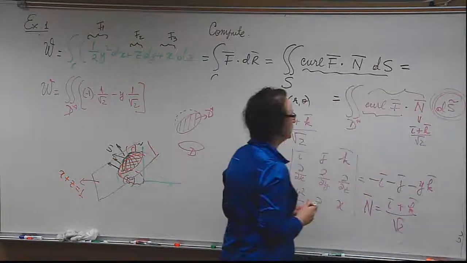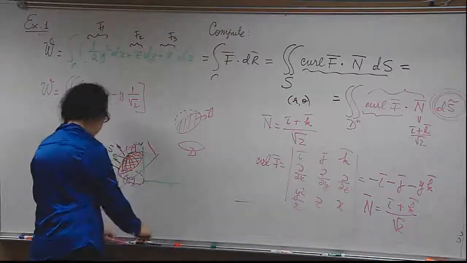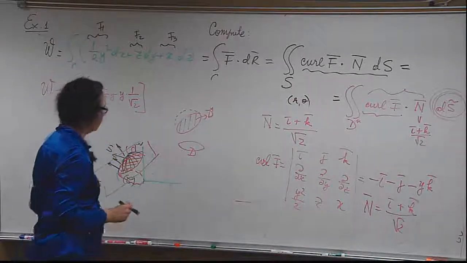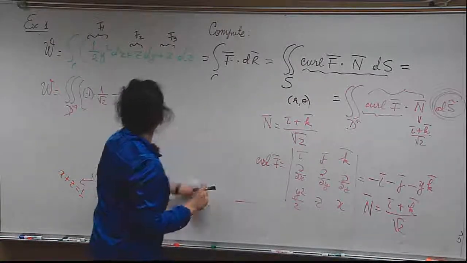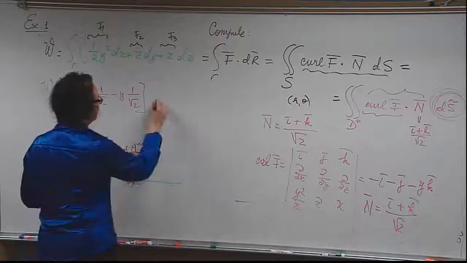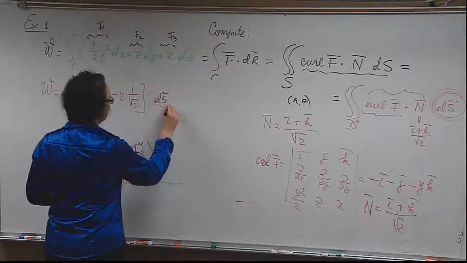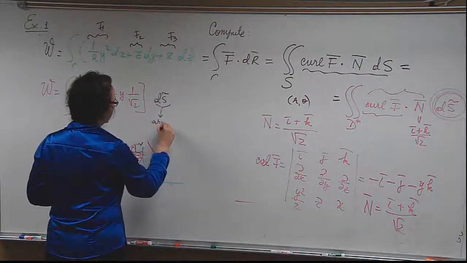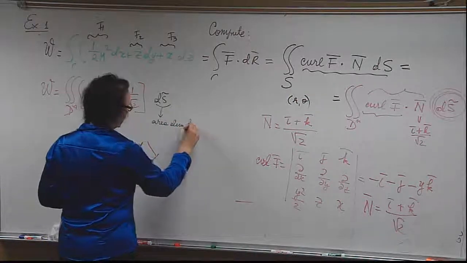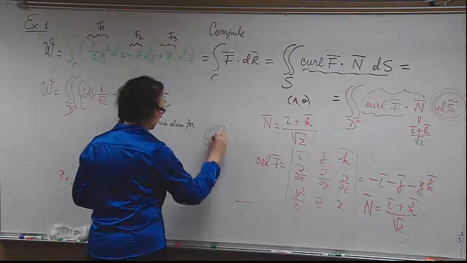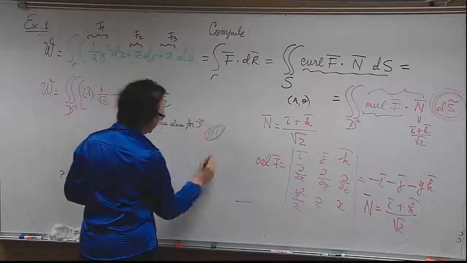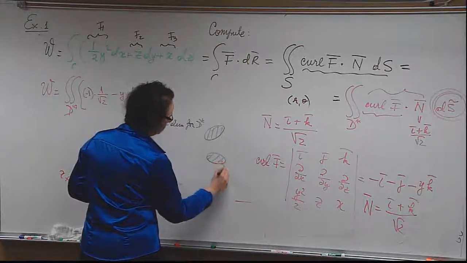My worry is about dS star. What was dS star? dS star is the area element for the plane. This is the area element for D star, not for D. It's a little bit complicated.